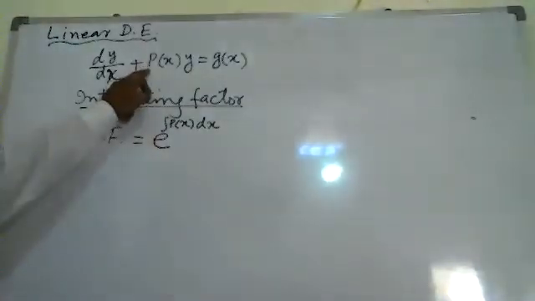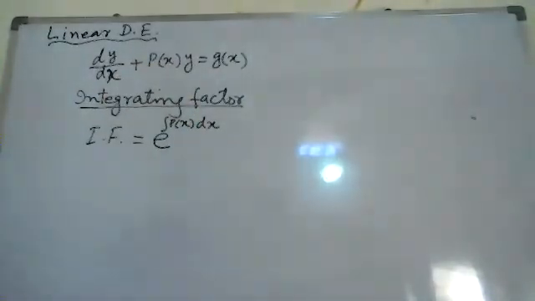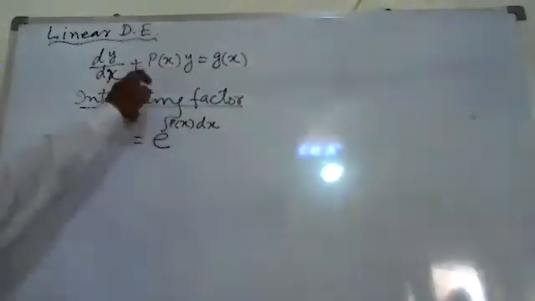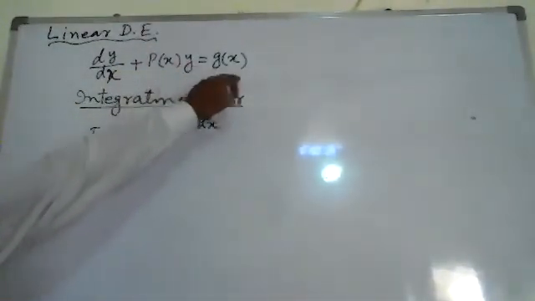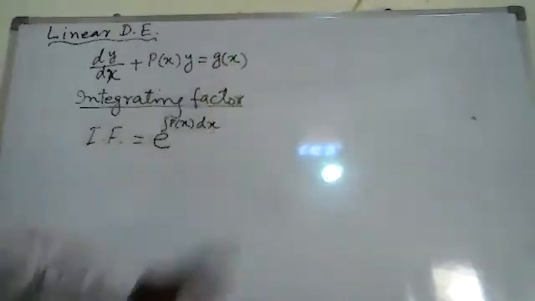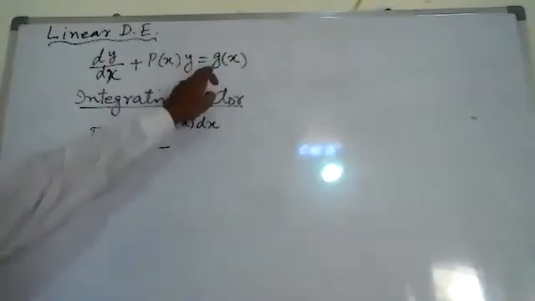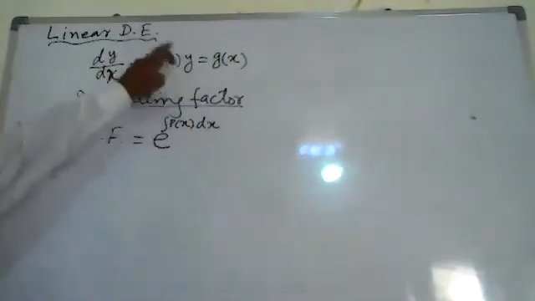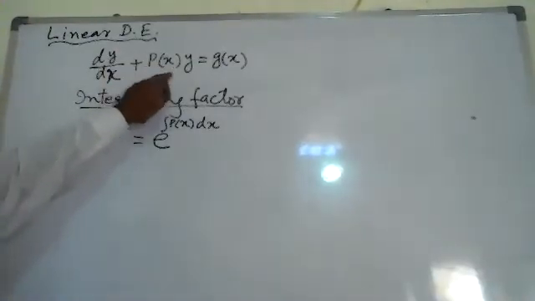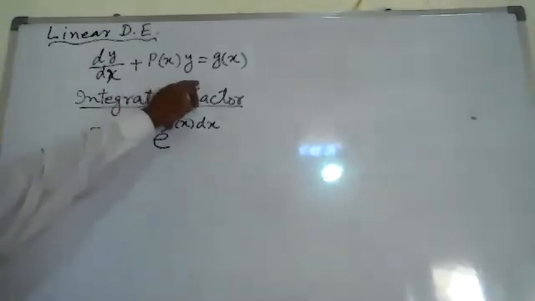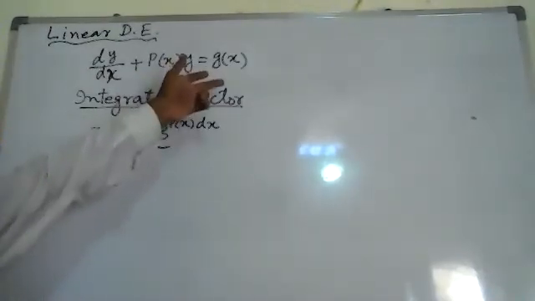Some function of x means it may be some constant, or it may be some function of x. But p of x should not be 0, because if it is 0, there should be no y; 0 into y will be 0.